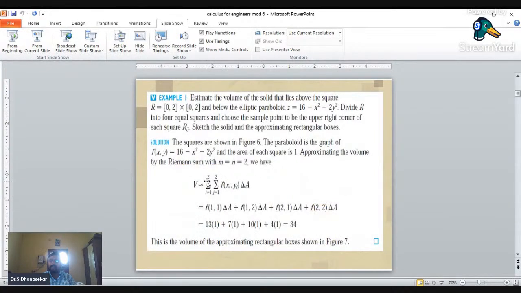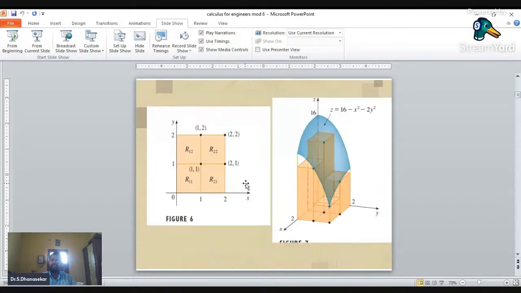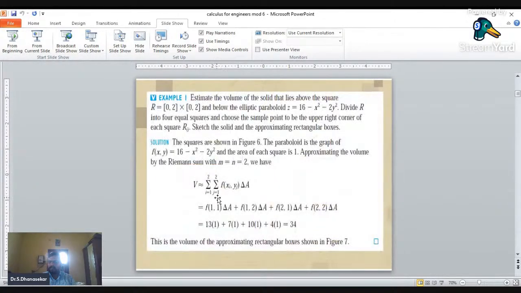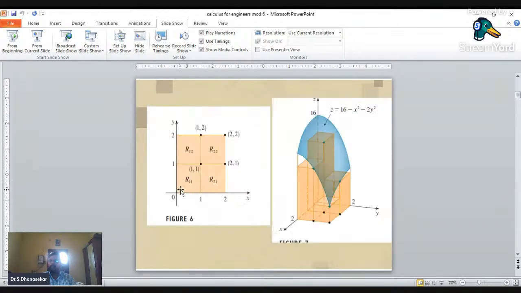Therefore, summation i equal to 1 to 2, summation j equal to 1 to 2. See here, parallel to the x-axis you have two lines, parallel to the y-axis you have two lines. That's what is given here: i equal to 1 to 2, j equal to 1 to 2, f of xi comma yj into delta A. Now what is the area of this square? The sides of the square will be 1.